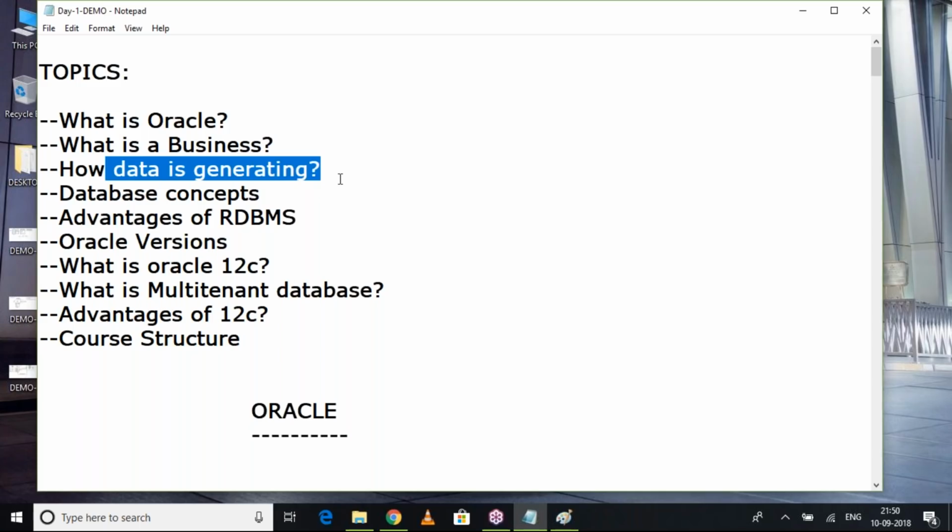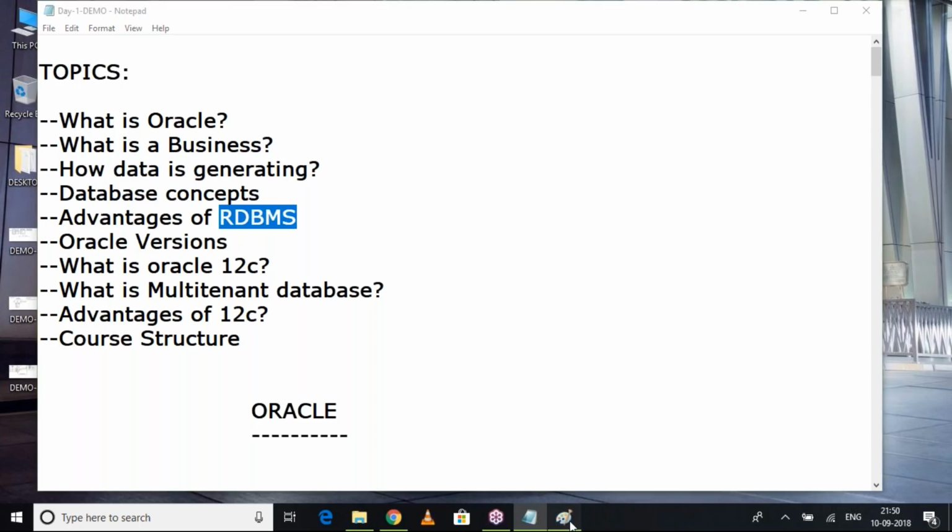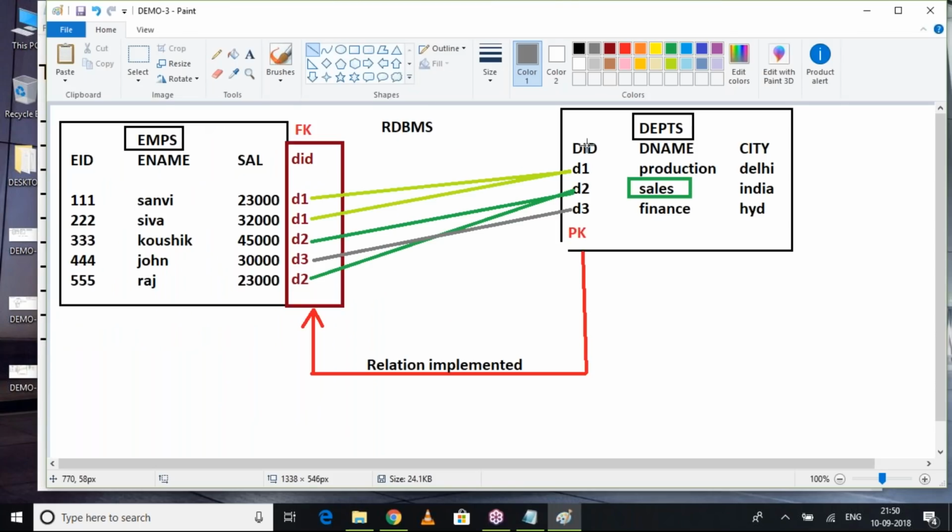Data generated successfully, we saved the data at one place. Then what are the database concepts? Data, database, database management system, and relational database management system. Advantage of RDBMS: we can easily identify related data. If there is no relation, we are unable to identify related data.